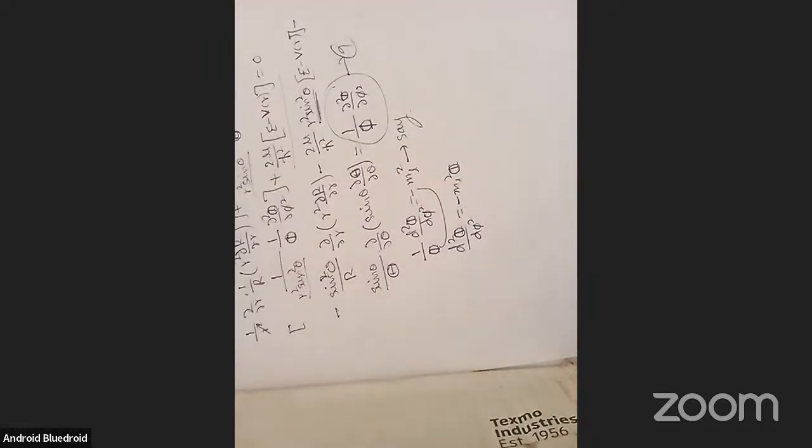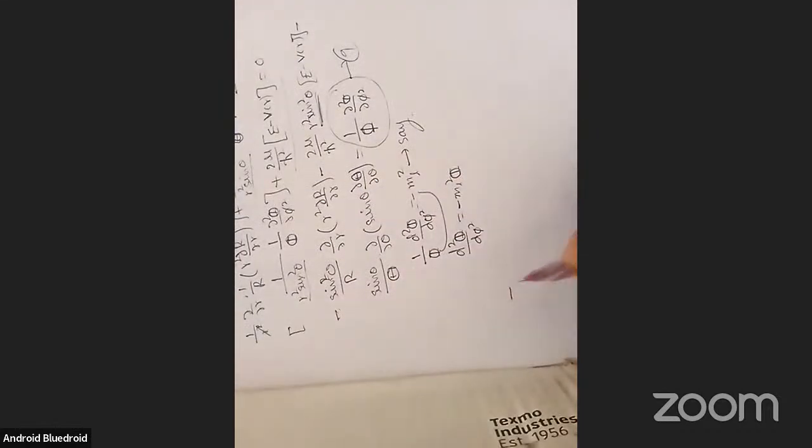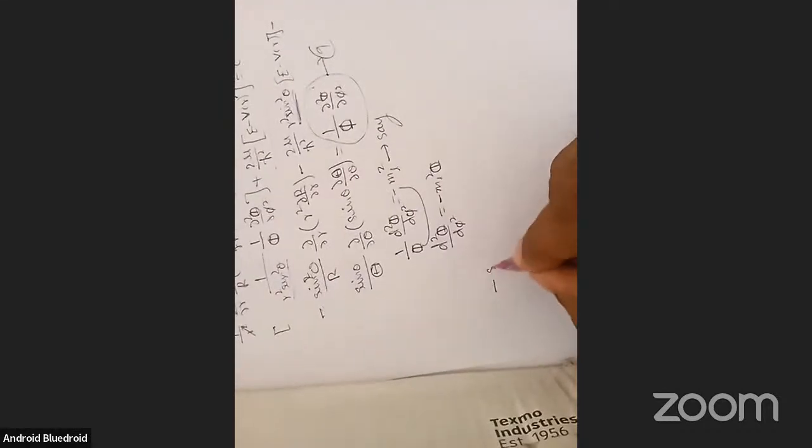Okay, this one is the equation. Next one is here, so here we have minus sin square, this equation. Equation, for example, is the ninth equation.